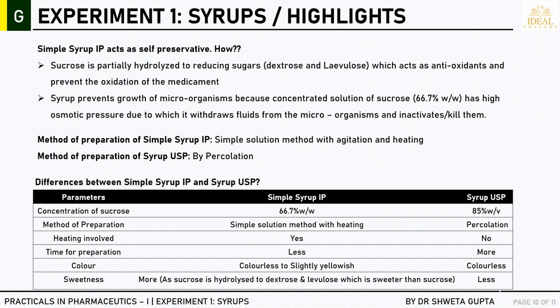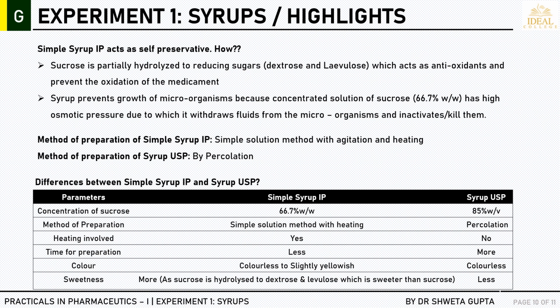Because of heating, the time required for the preparation of simple syrup as per IP is less, while it is more in case of syrup USP. Simple syrup IP is slightly yellowish in color because of heating, while syrup USP is colorless.